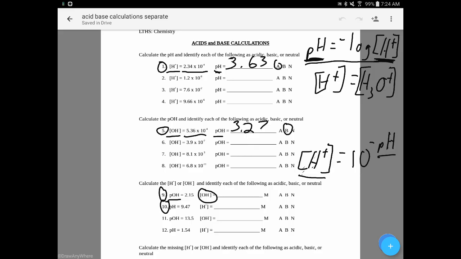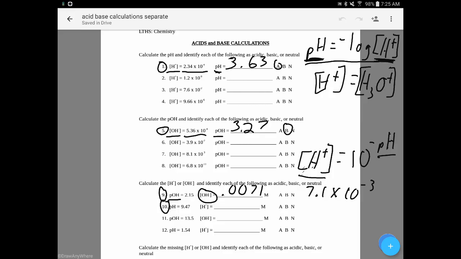So second log negative 2.15, and we get 0.0071. You can write that in scientific notation, which would be 7.1 times 10 to the negative third.